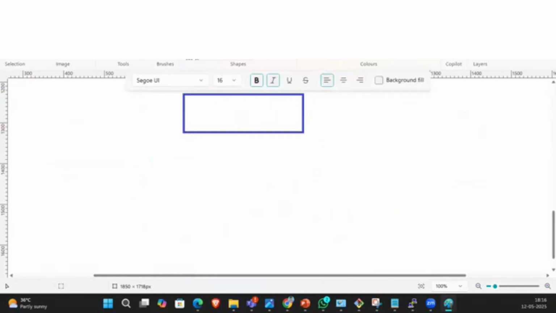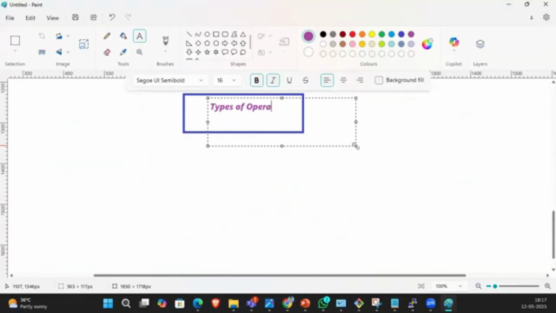So how many types of operating systems do we have, guys? Three types. Very good.